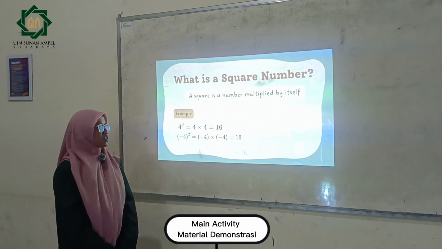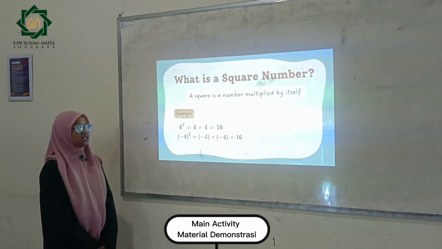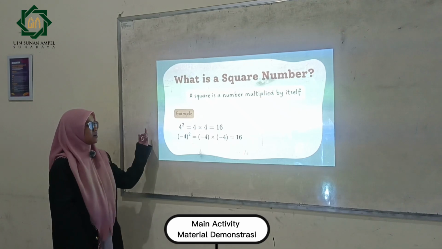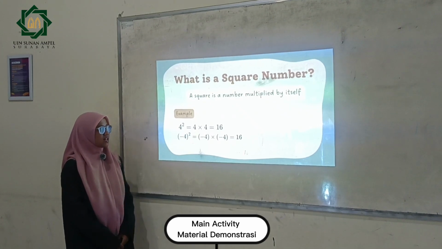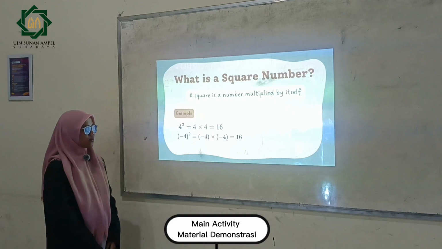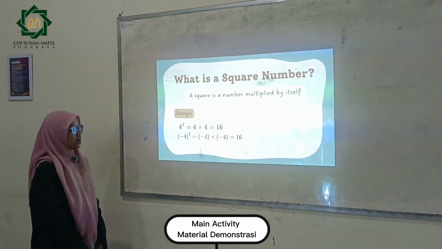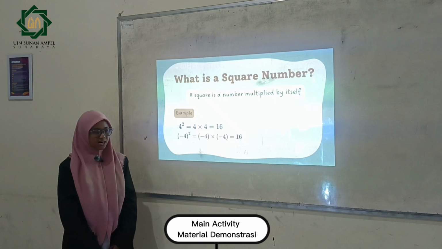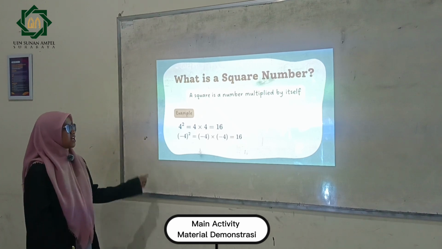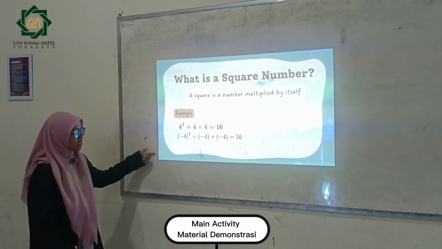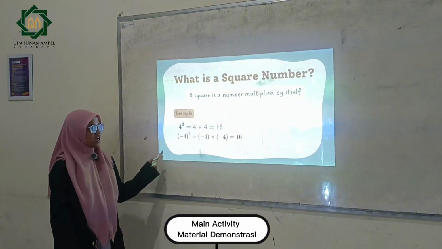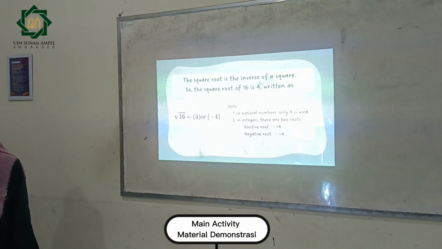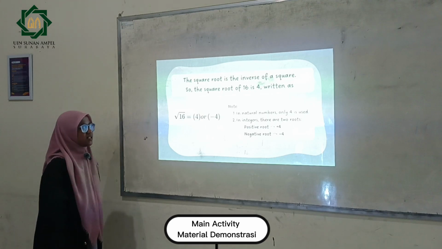Okay, what is a square number? A square is a number multiplied by itself. Example, 4 squared equals 4 times 4 equals 16. Even if we use a negative number, for example, negative 4 squared equals negative 4 times negative 4 equals 16.